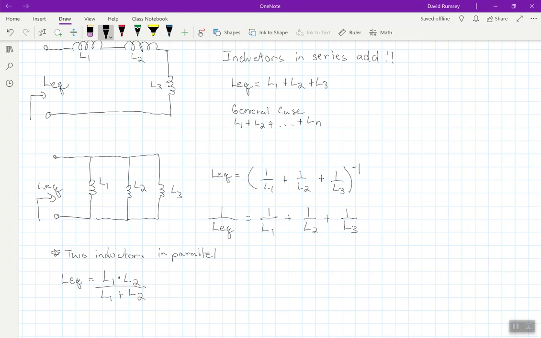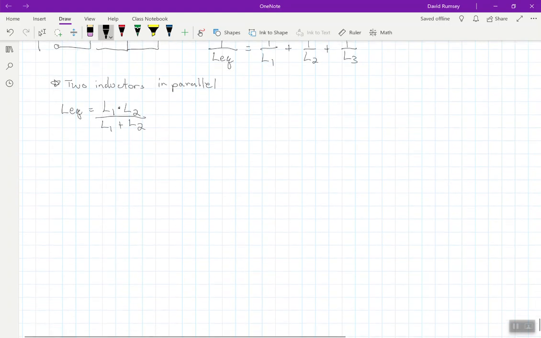So when we're talking about equivalent inductance, the formulas we use are the same as the formulas we use for equivalent resistance. That's the reason I talk about equivalent inductance first, because it follows how we find equivalent resistance. Now you can probably guess that for capacitors that's not the case.